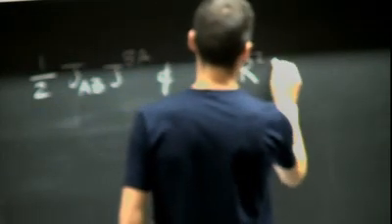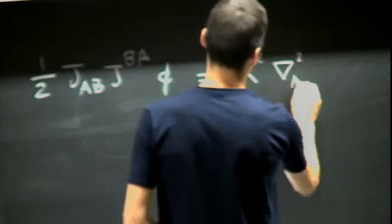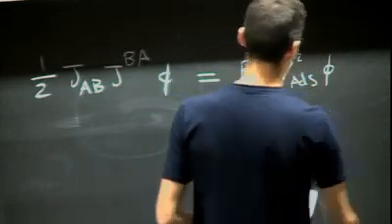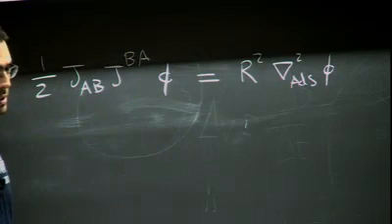So you can just identify, and the conclusion is that the quadratic Casimir acting on a scalar field phi is nothing else than the Laplacian acting on a scalar field. They are just the same thing.